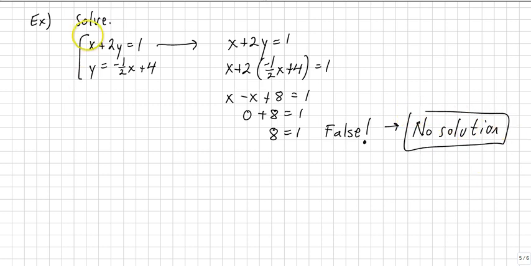So what that tells me is this is an inconsistent system because it has no solution. But the actual answer would be no solution. You just write down the fact that this thing has no solution. There is no coordinate x comma y that solves both of these equations.